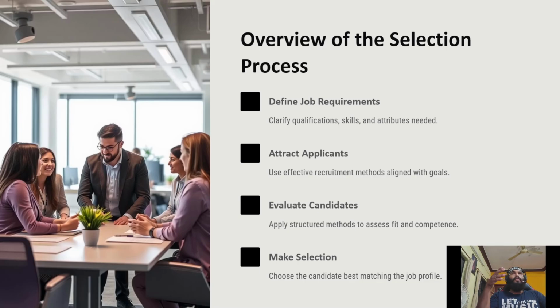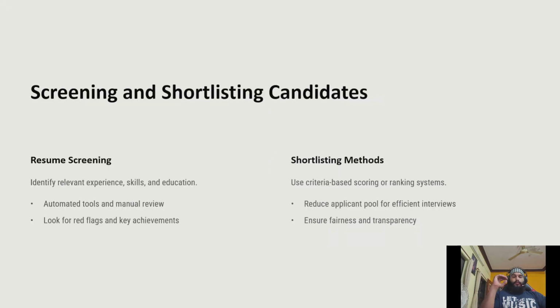And then after this process, we evaluate the candidates' quality or the specified skills that are required from the candidates, and then we make the selection of the best possible applicants that we have. And after that procedure, we start the screening method and shortlisting of the candidates.